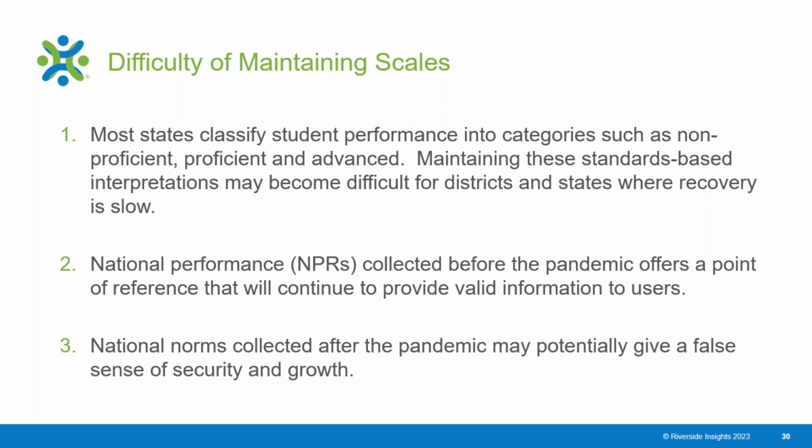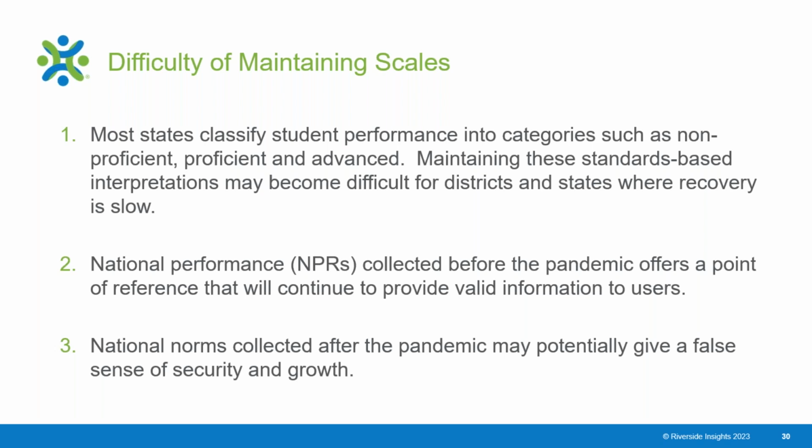What we have found is, although that's wonderful for accountability purposes, it probably falls short with respect to setting goals other than getting over the next threshold, but more attainable goals. Because those interpretations, especially post-pandemic, have been very difficult for districts to really hold on to and interpret as more and more students fall into the lower categories.